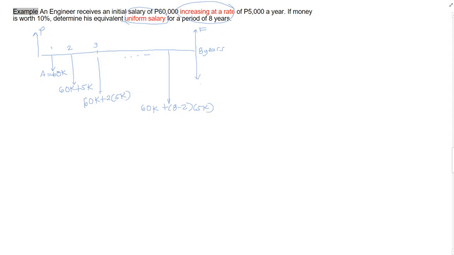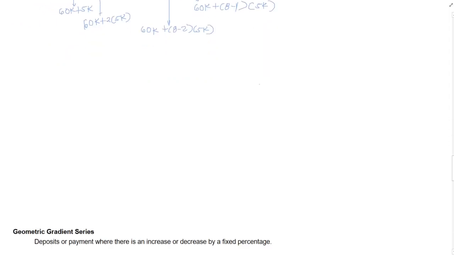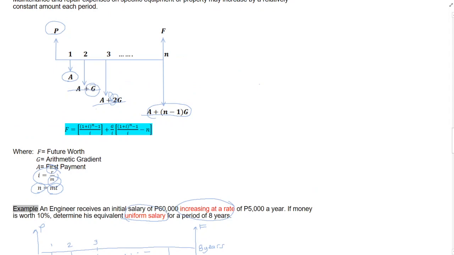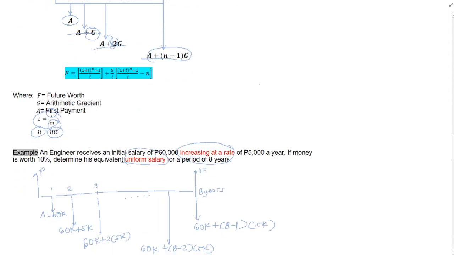And for the final year, that is 60,000 plus 8 minus 1 multiplied by the gradient, which is 5,000. So we have here 8 minus 1, that is n minus 1, same with our figure.